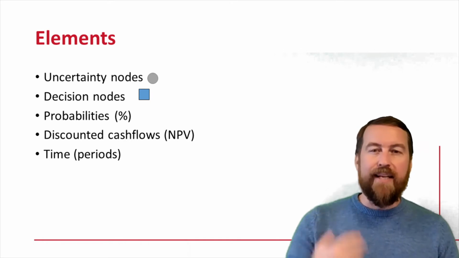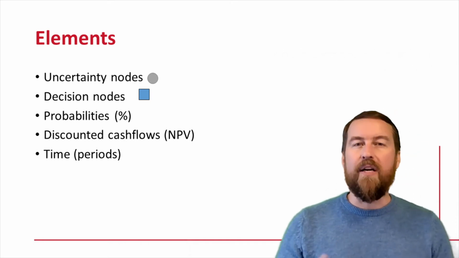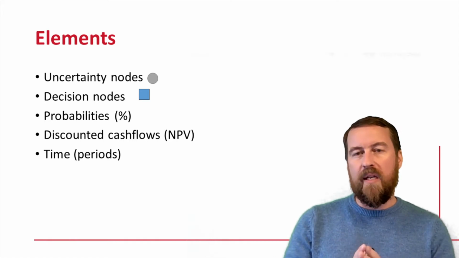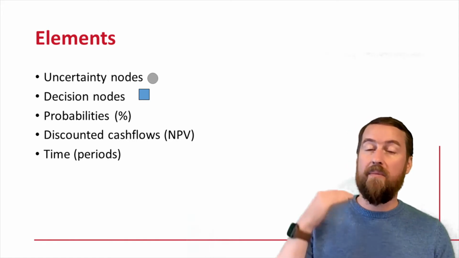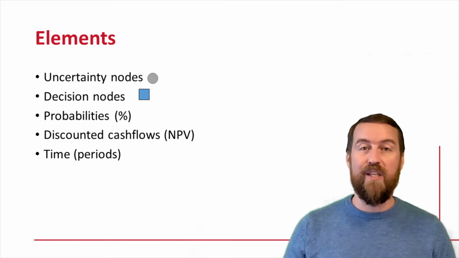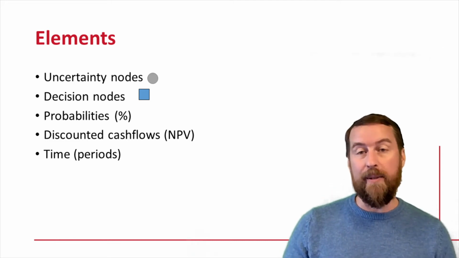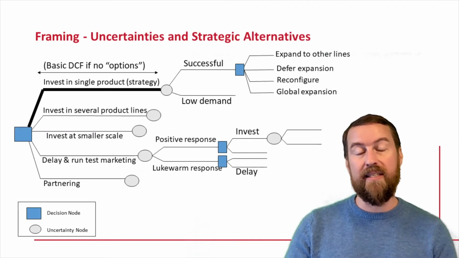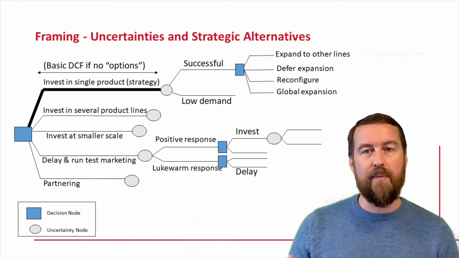You can change these figures out as you like, but the basic idea is that we list things up and we see there's something that we're uncertain about, and there's some decisions that we need to take along the way. This is an example where it's shown in more complex form.